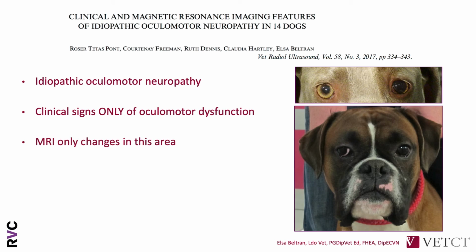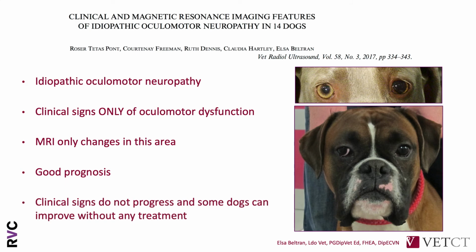The MRI changes are only detected in this area, and they have a good prognosis because they either stay the same or improve. If there are any clinical signs of deterioration, altered mental status, or other cranial nerves that run through the middle cranial fossa affected, then we are not talking about this idiopathic oculomotor neuropathy. So it's very important to monitor these dogs, and they should not progress.